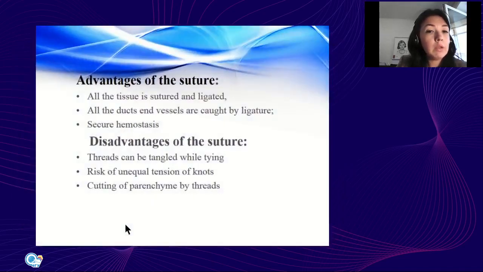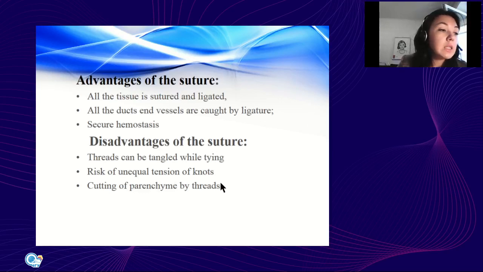So what are the advantages? Actually, I have told you. All the tissues are sutured and ligated, and all the ducts and vessels are caught by ligature, and such type of suture provides secure hemostasis. Disadvantages are the following. Threads can be tangled while tying, because it's very easy to confuse threads, especially when they are of the same color. Yes, risk of unequal tension of knots.